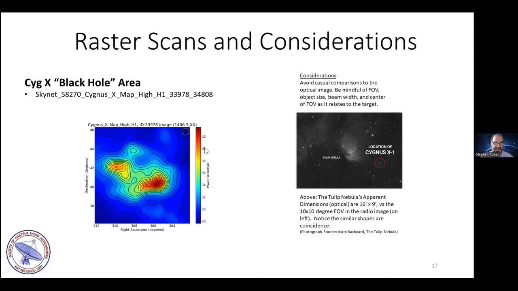So the radio image is a very large area of the sky, whereas the field of view in the optical image is very, very small. So it's just coincidence they look like that. That's not picking out one. It just seems to happen a lot, and we'll have more examples of that.